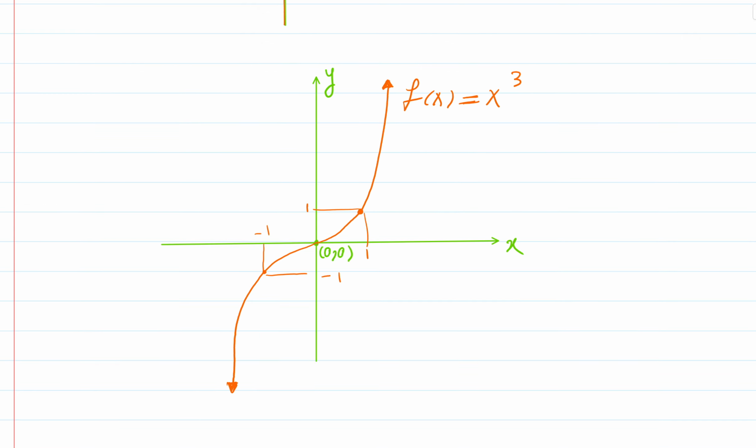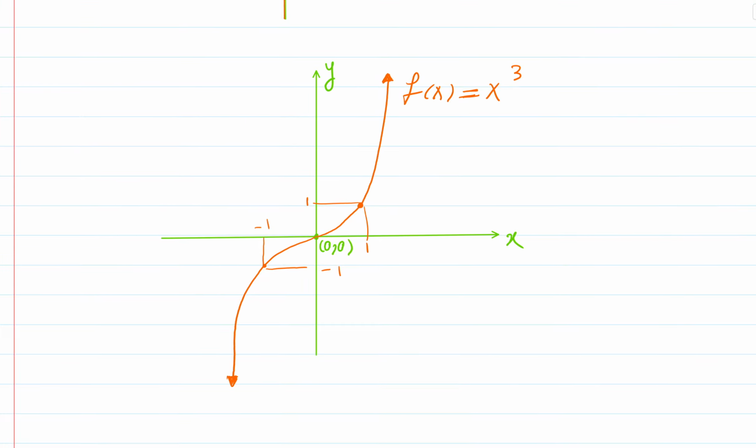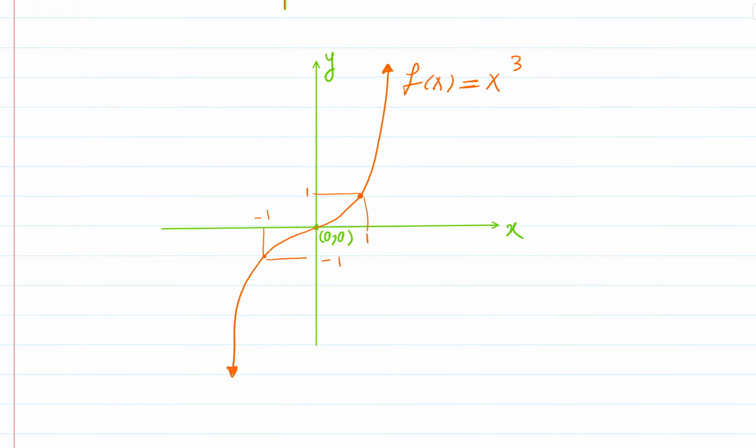Now look at the function x to the power 3. We already know that the exponent is odd and this function is odd. The graph of an odd function is symmetric with respect to the origin.